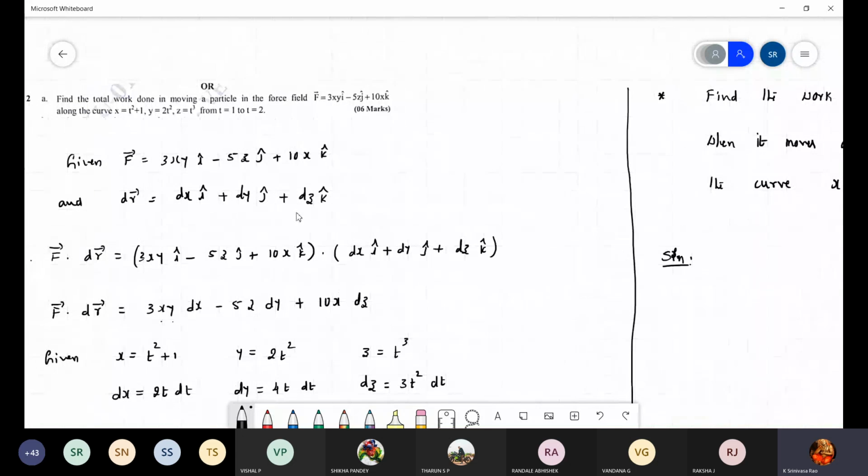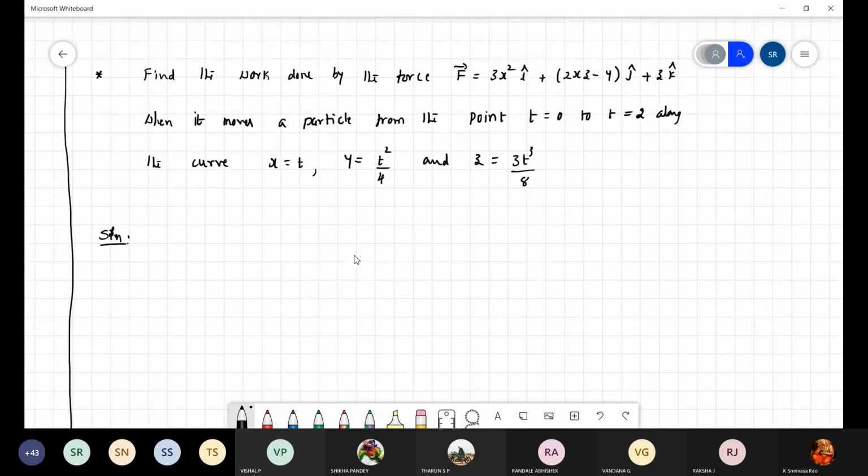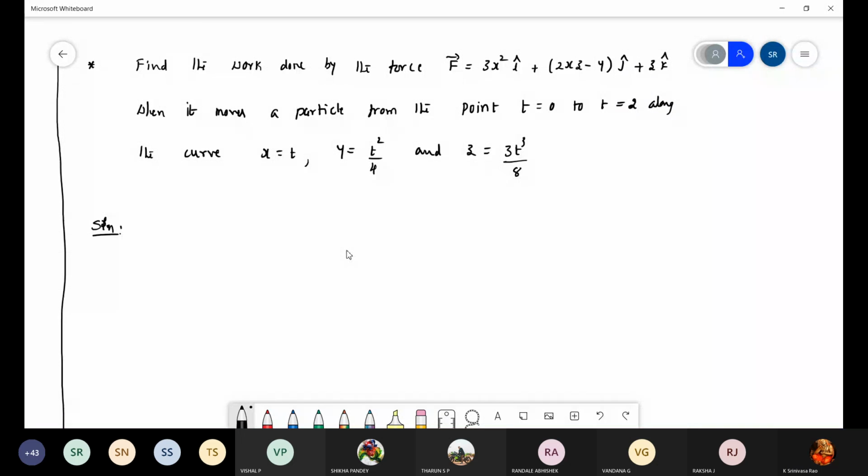And then you write what is F dot dr. Just I will write F dot dr. F is 3x square i plus 2xz minus y j, and dr is dx i cap plus dy j cap plus dz k cap.